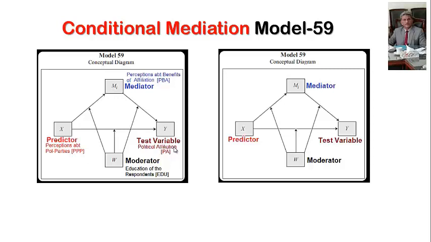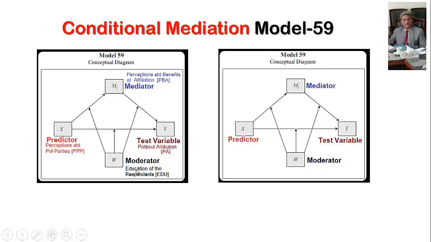But a third variable, the mediator, which is what benefits the people think they are getting from the affiliation, will affect the X and Y relations.